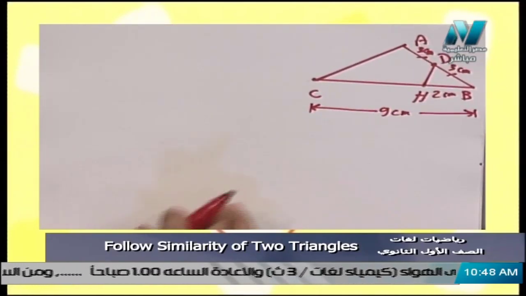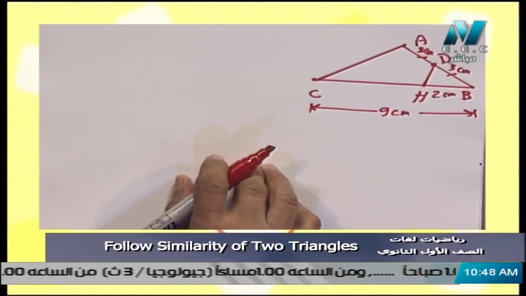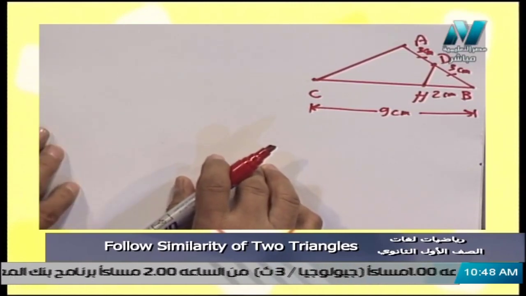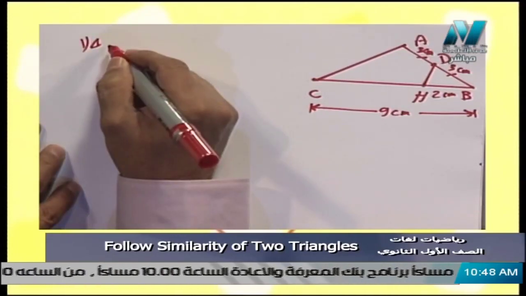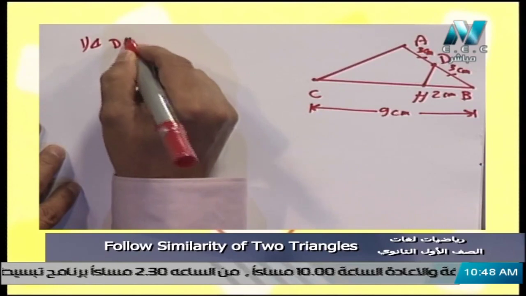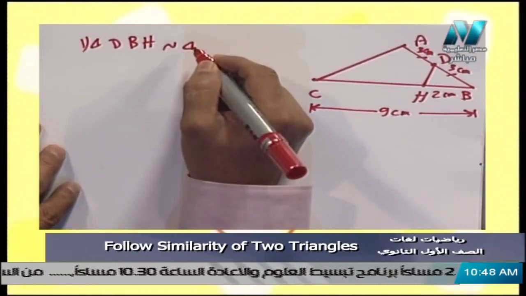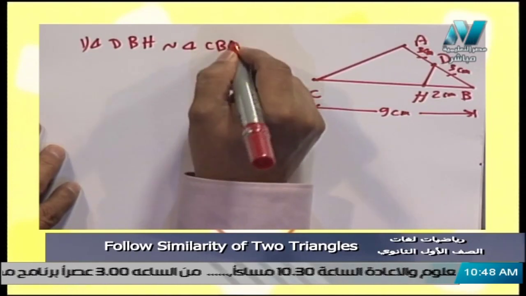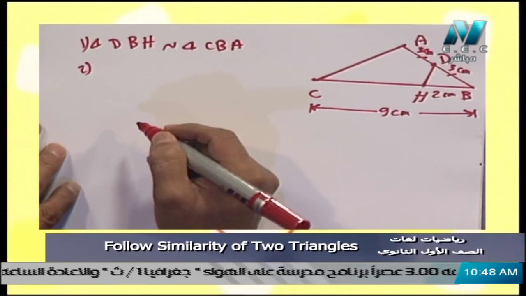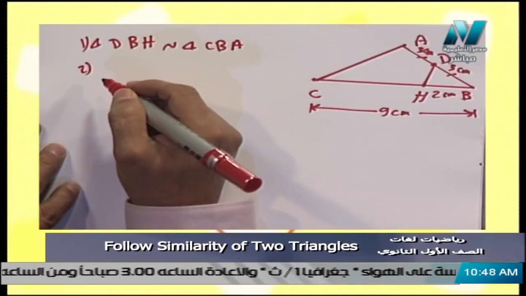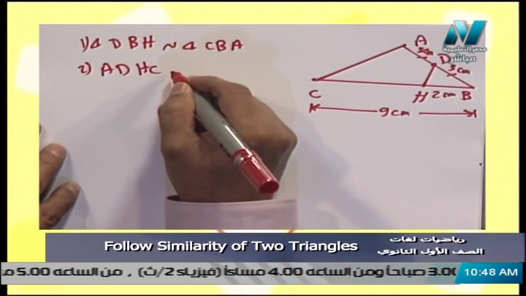And the request is to prove that, first, triangle DBH is similar to triangle CBA. This is the first request. The second one is to prove that ADHC is a cyclic quad.